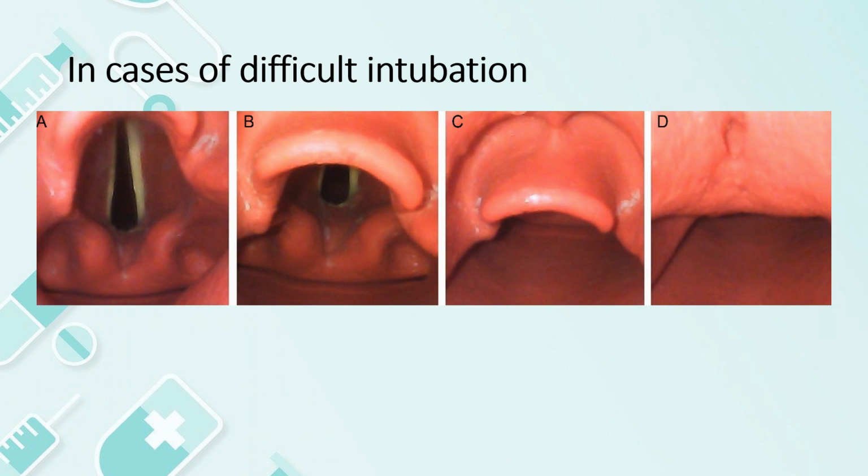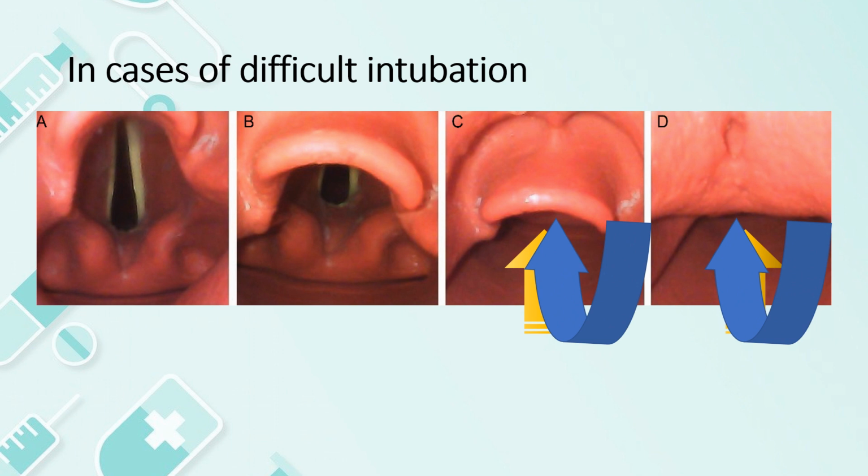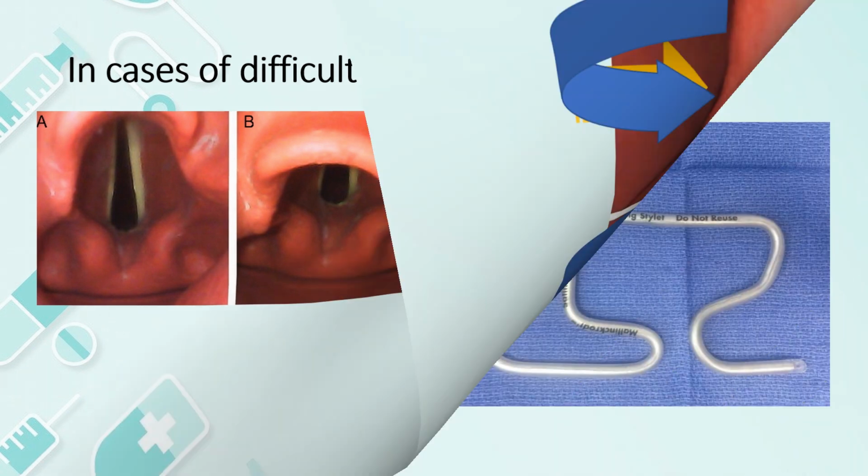We use the hockey stick configuration of the stylet. How do we do this? By trying to hook it around the uvula or the anatomical landmark, as we can see, just guessing the correct position of the vocal cords.